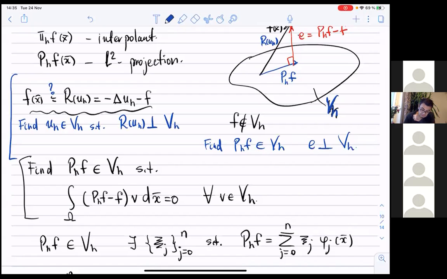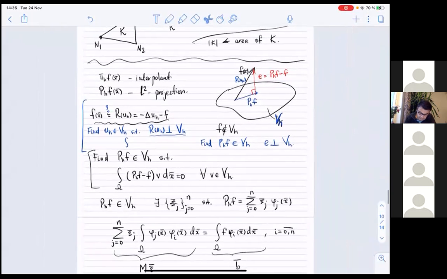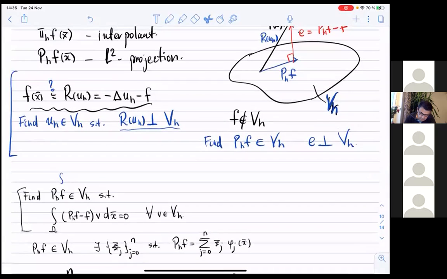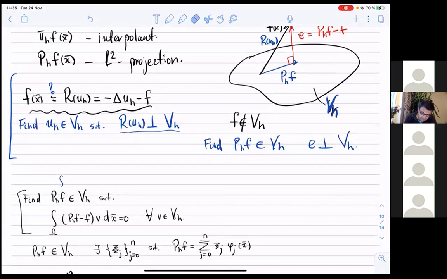This orthogonality actually comes from the L2 projection. Of course, we know that the best approximation in the finite element space comes from the projection. So we want to find the projection: the integral of R UH times V dx is equal to 0.